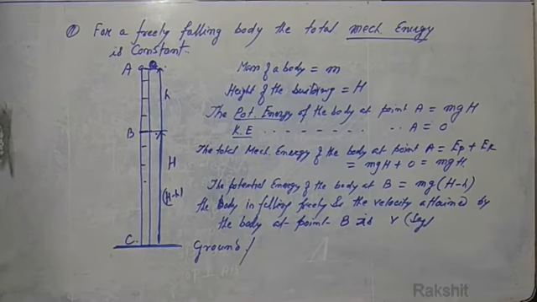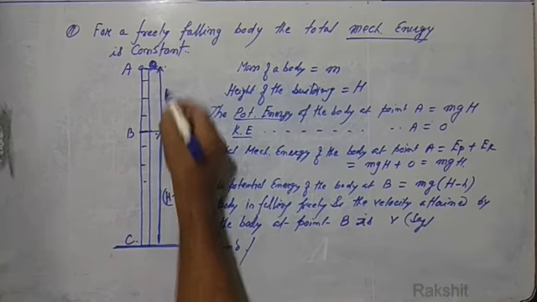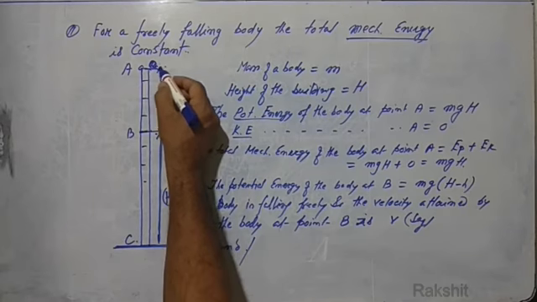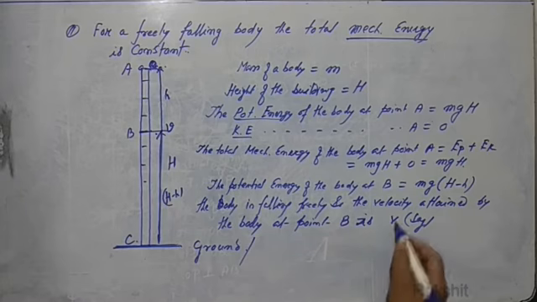We say the body falls freely from this point to this point, and due to free fall from this point to this point, the velocity attained by the body is equal to v. So v is the velocity attained by the body due to free fall.